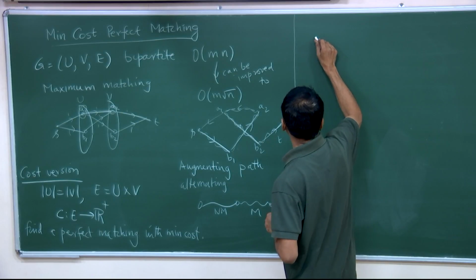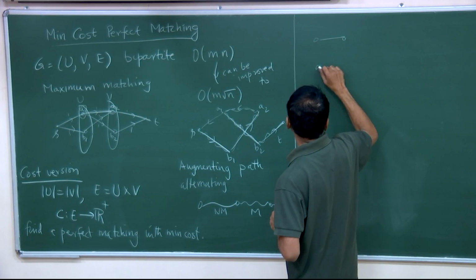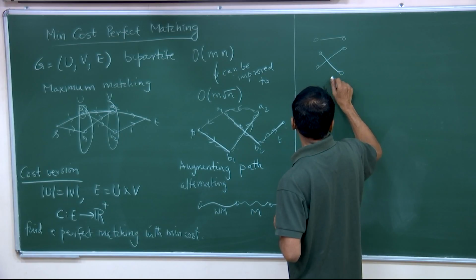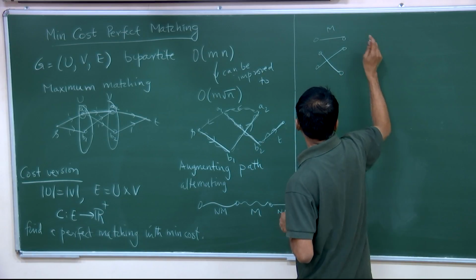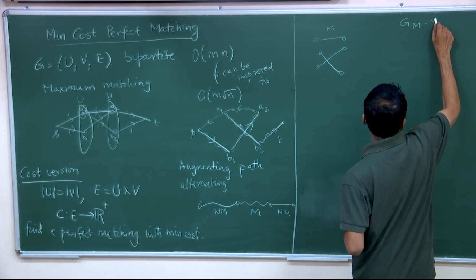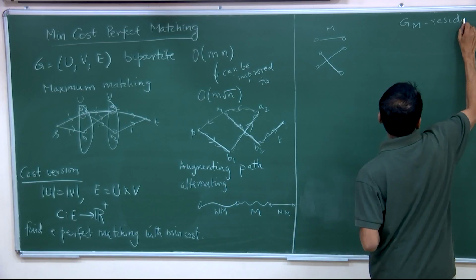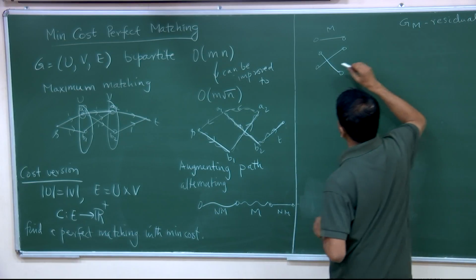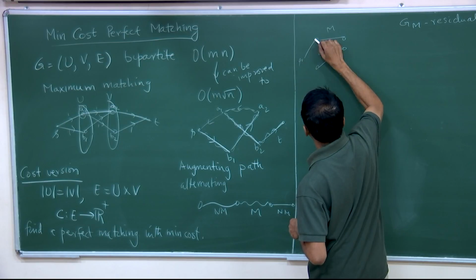So if you have a matching, this is my matching, I will have a residual network, and we could have S and T as well.